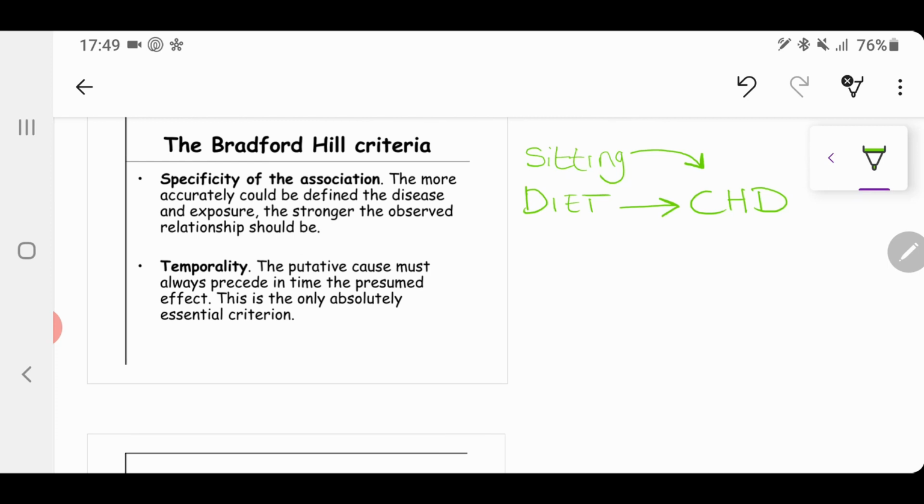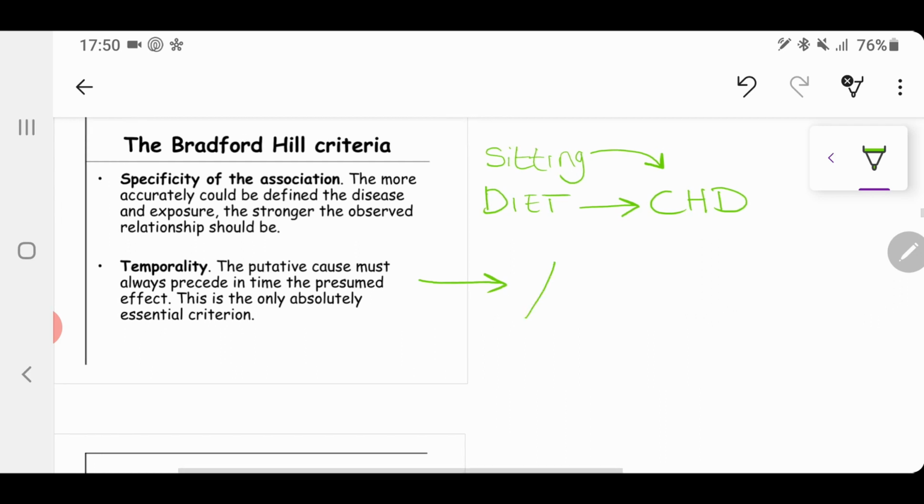Temporality. So this basically means, is the risk factor acting before the disease? All right, is A the cause? Is it actually before B the event?